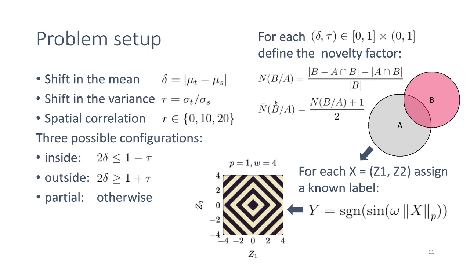This novelty factor can be normalized to be a measure between 0 and 1. For each feature vector, which is the vector of the variables Z1 and Z2, we can assign a known label in this completely made-up experiment, where the feature vector is assigned this alternating pattern with a norm function.